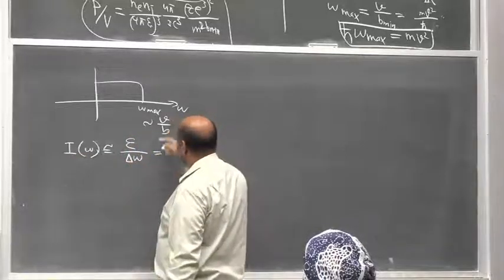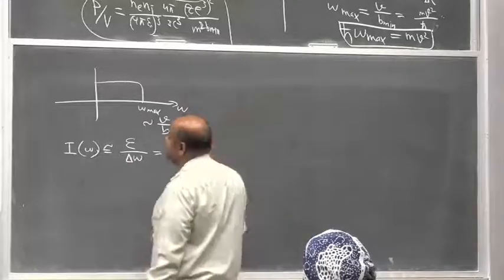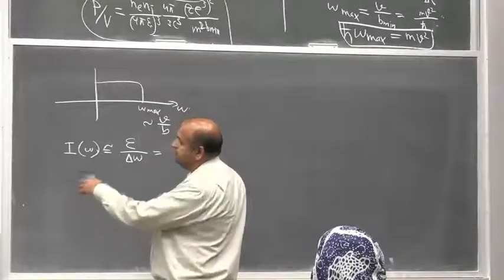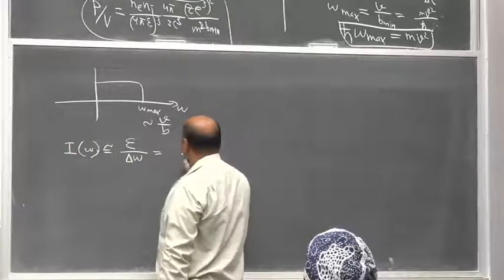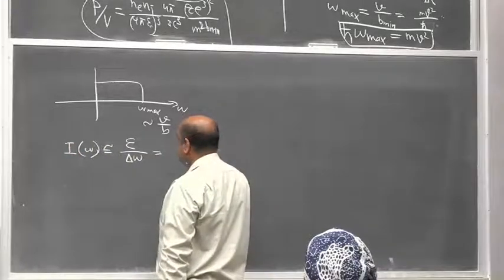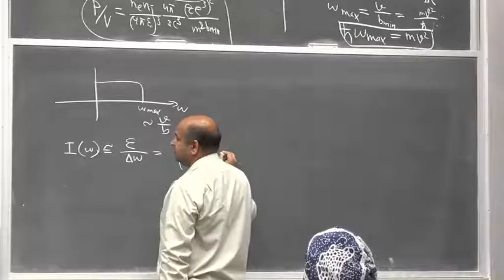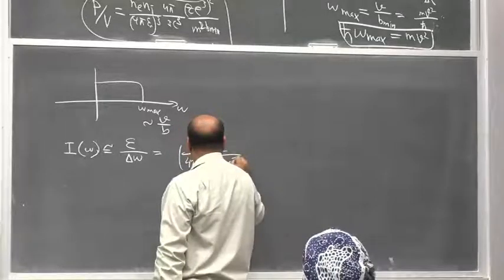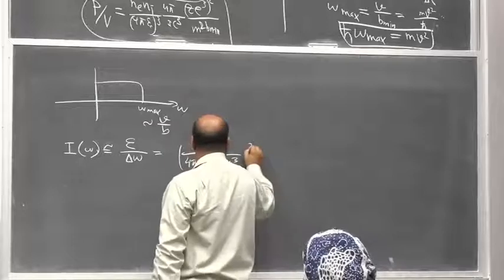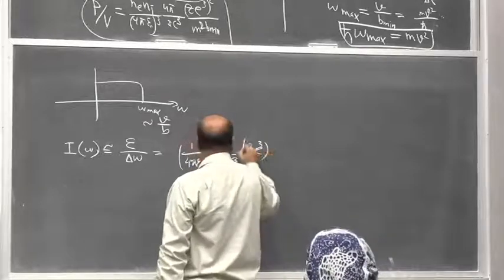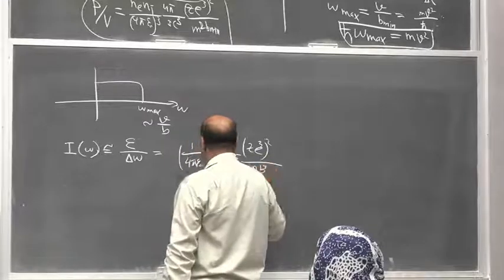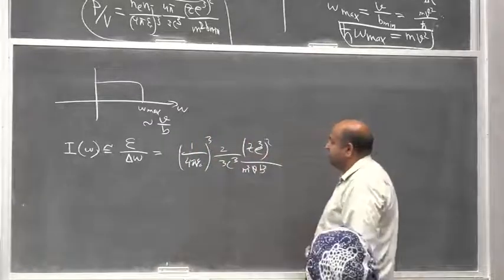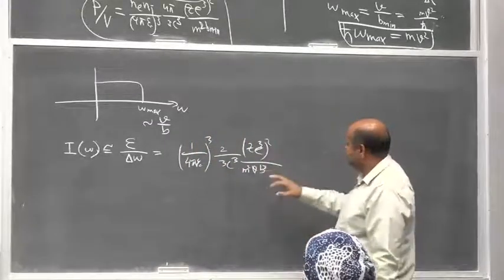Where delta omega is v over b. Where is E? So there is E. So delta omega है v over b.